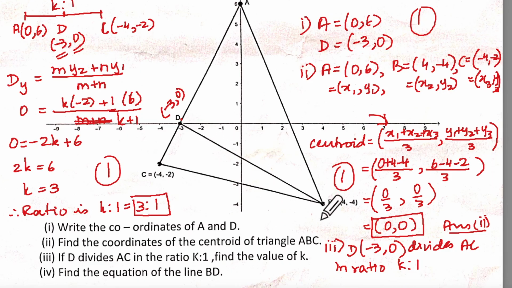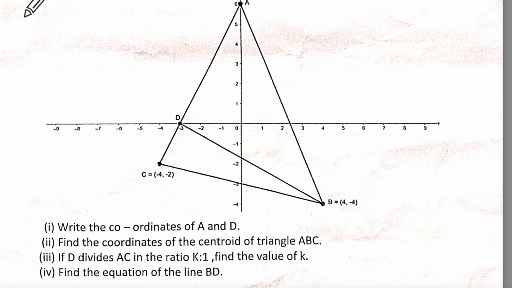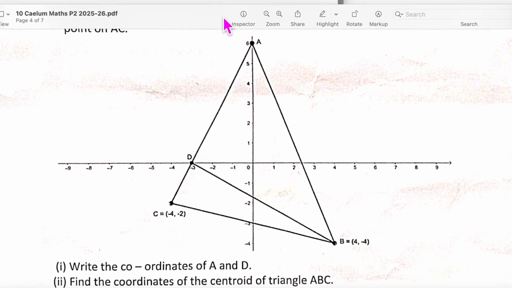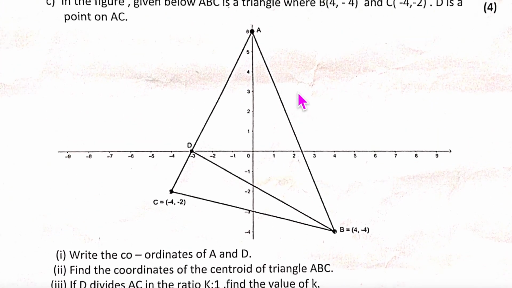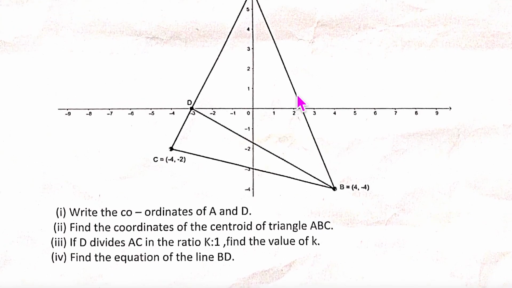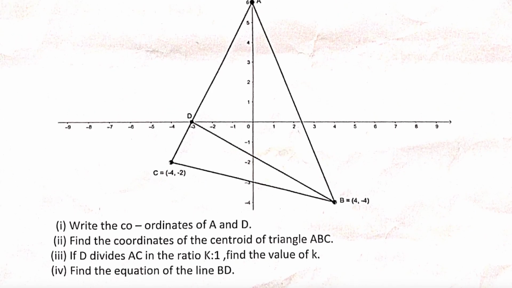Now BD, what are you going to say for BD? Equation of BD. First we'll find the slope of BD. For how many marks? 1 mark. This is 4 marks.